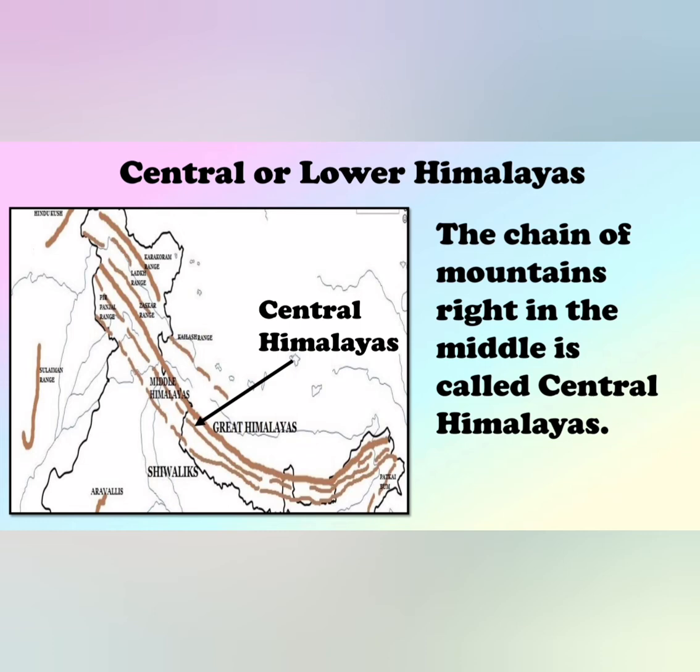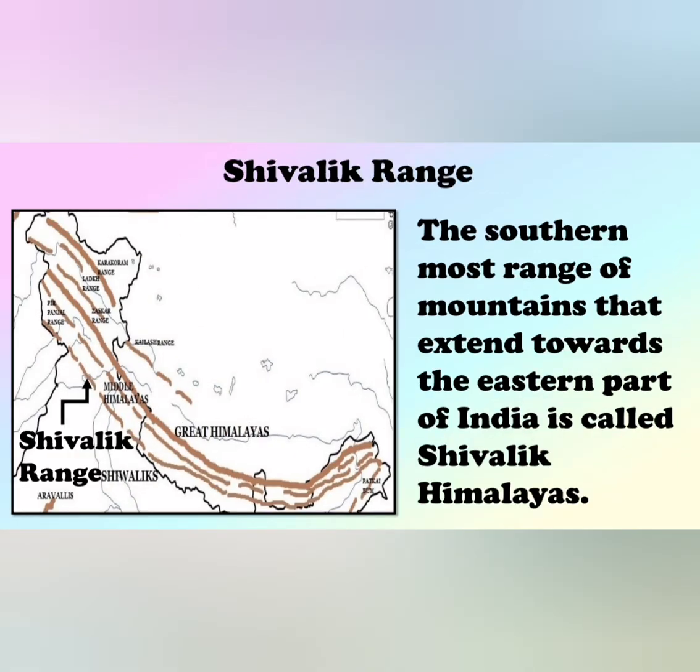Children, I hope all of you are paying careful attention because you will have to learn to mark these in the map. So, please be very attentive. The next is Shivalik Range.